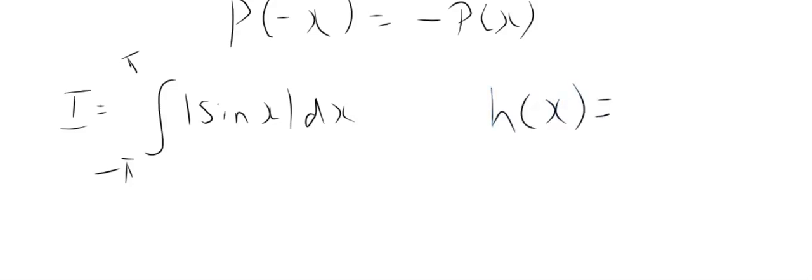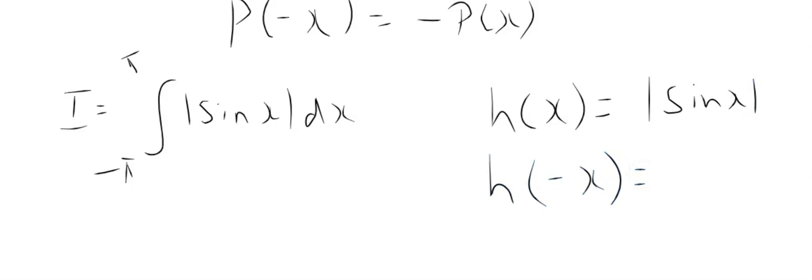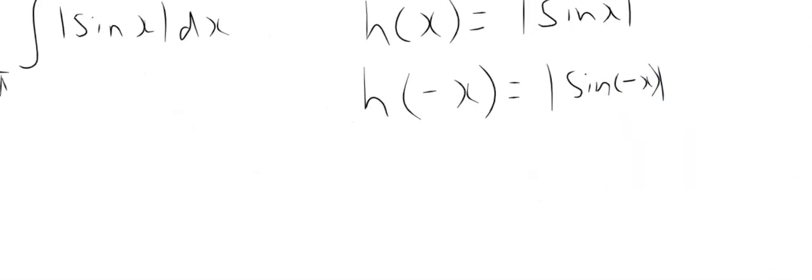Let h of x be equal to modulus of sin x. So h of minus x would be equal to modulus of sin of minus x. Clearly, you know that sin of minus x is minus sin of x, but the modulus value gives you sin x only.